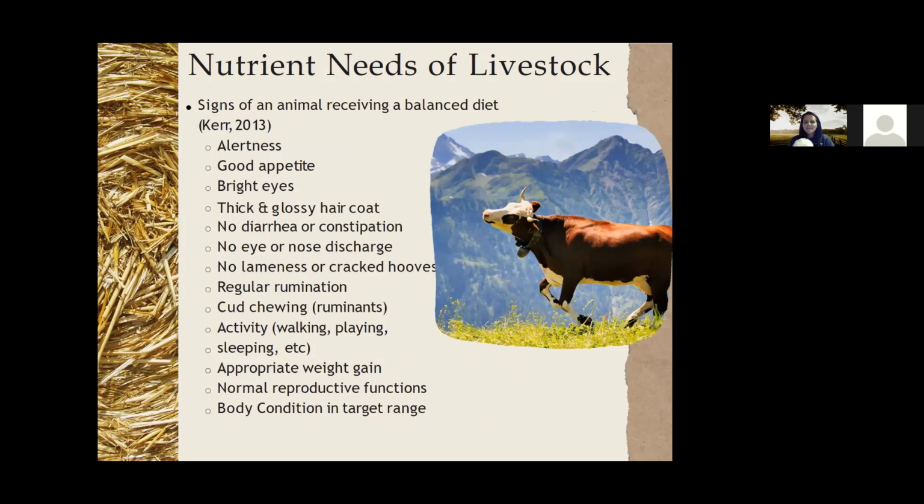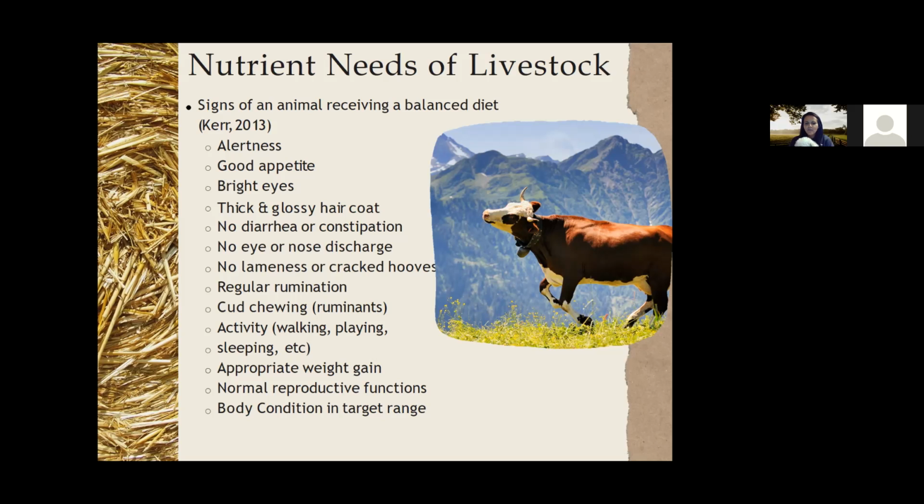Here you can see a picture of a happy cow, and this is a list of signs of animals that are receiving a balanced diet. They're happy, like this cow jumping around, alert, with a good appetite and bright eyes. They have a thick and glossy hair coat, no diarrhea or constipation issues, and no eye or nose discharge.